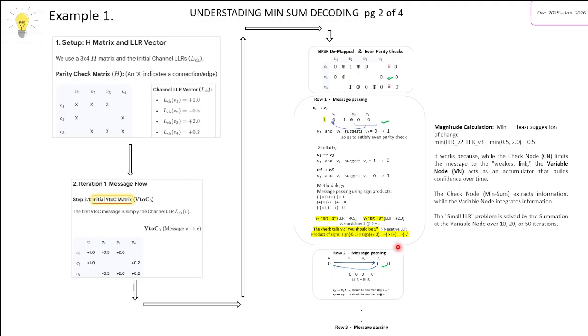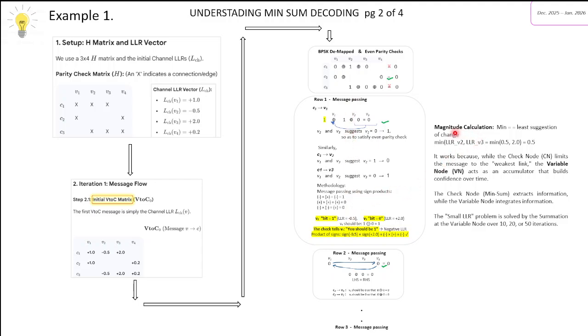Now the sign indicates that it should be a 1, and in row 2 again it is correct, so no message passing is required. It is written here. In row 3 also a similar operation will happen.